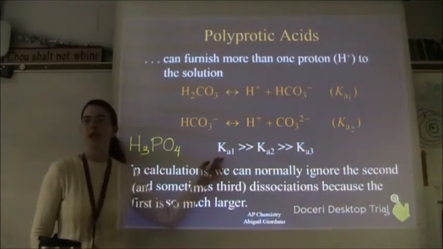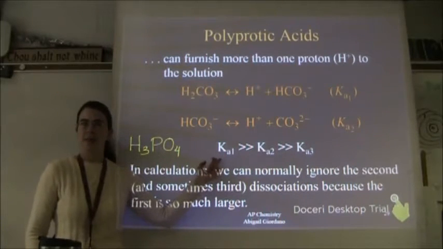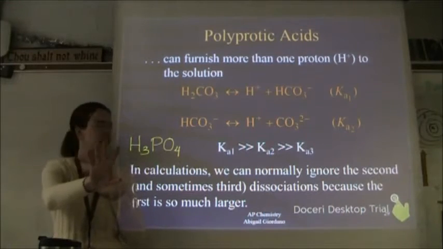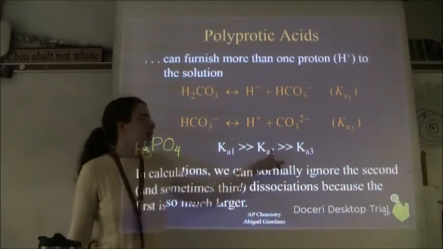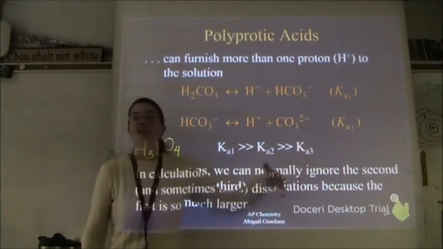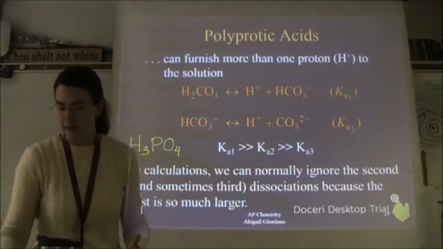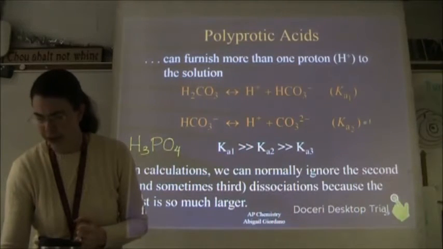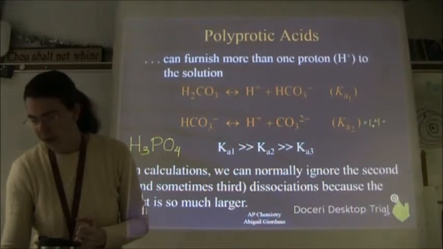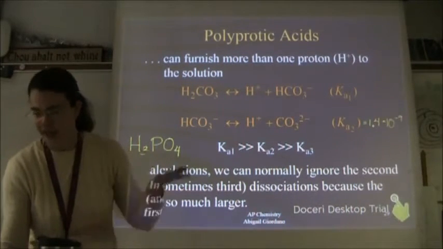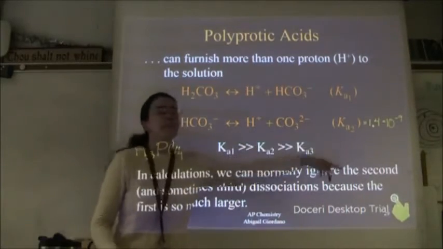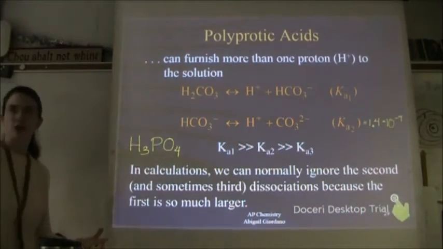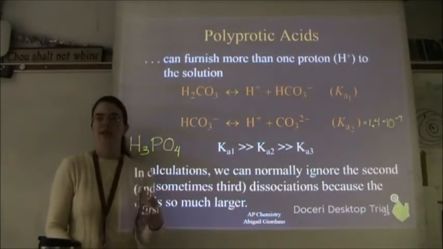Guys, these are equilibrium constants, right? Isn't that just products over reactants? Okay? If a Ka value is very, very small, for example, let me just make up a number, like 1.4 times 10 to the negative 9th, a very, very small Ka value, think about what that means.